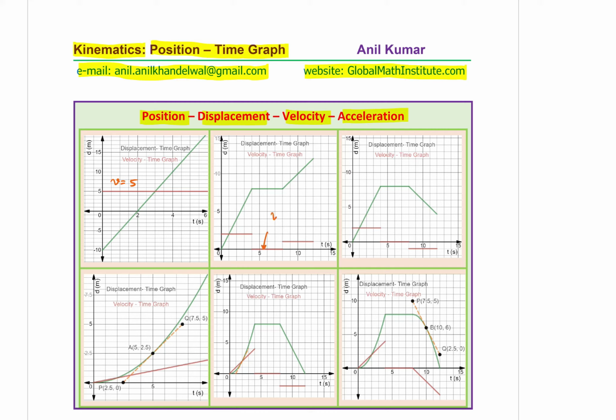Here the velocity is positive 2, and here it is positive 1, correct? Then we calculated velocity as positive 2, 0. Since it is dropping down, it is minus 1. The units for velocity we are taking as meters per second, right?